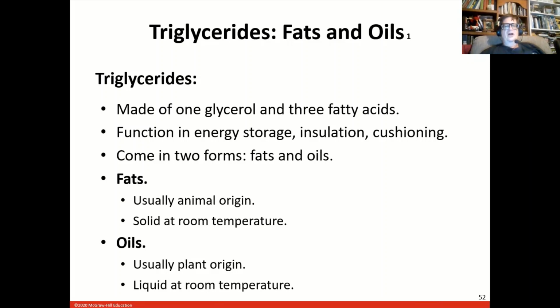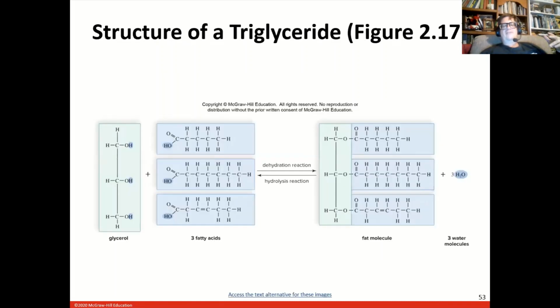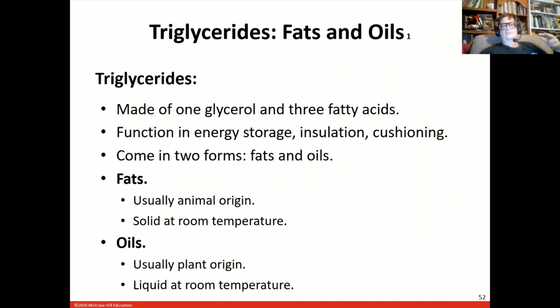and prevent your kidneys from getting smashed up as badly. There are two main forms of triglycerides: fats and oils. Fats are usually animal-based. Coconut oil is an exception. Coconut is a saturated fat, kind of like animal fats. Fats tend to be solid at room temperature.